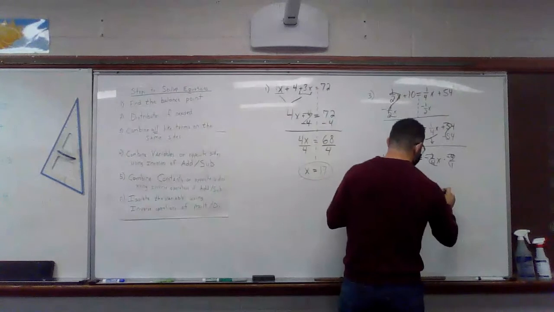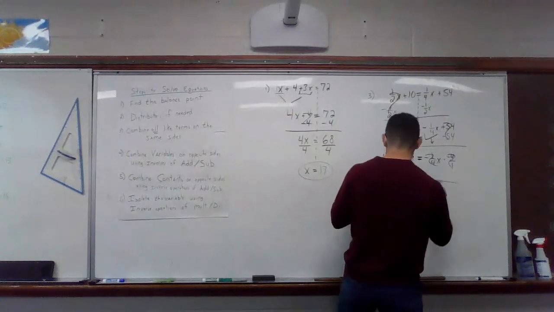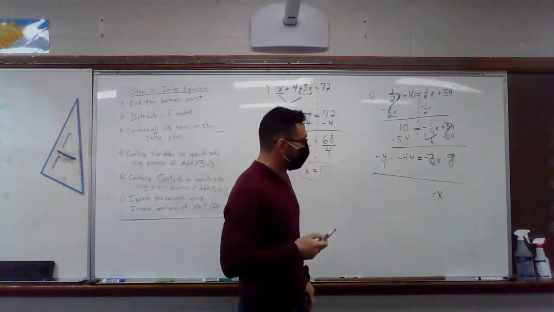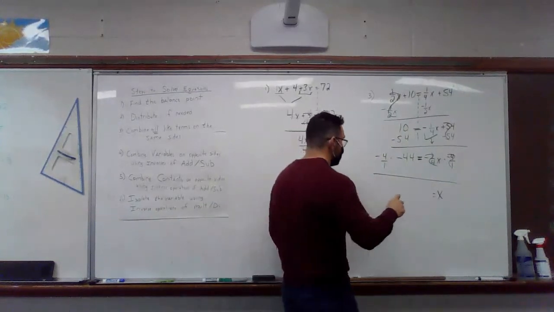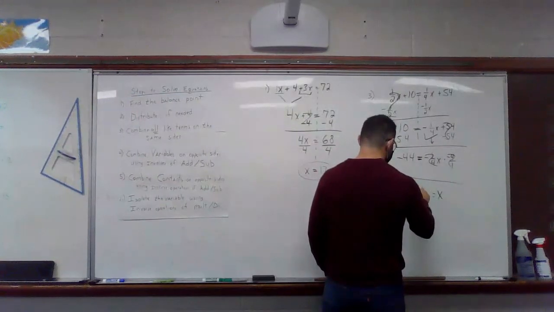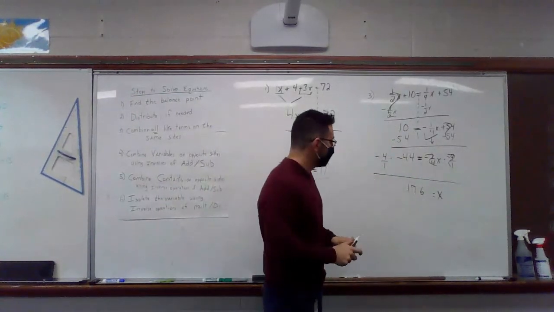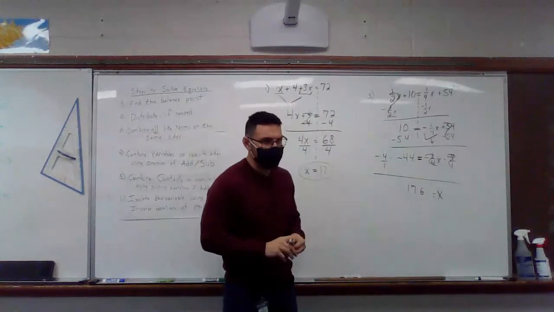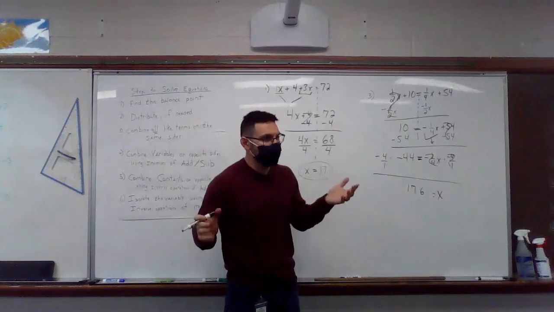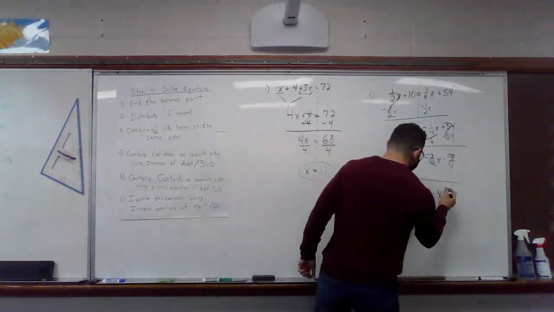That leaves me with just 1x equals -4 times -44. Somebody should help me with that. It's going to be positive 176. Is that right? 176. Woo!